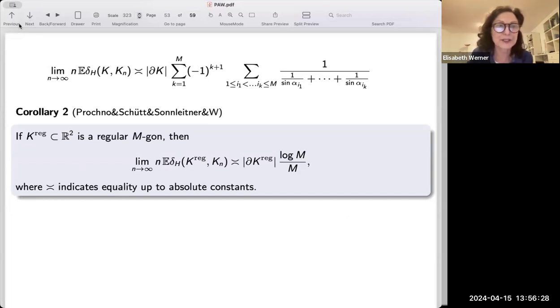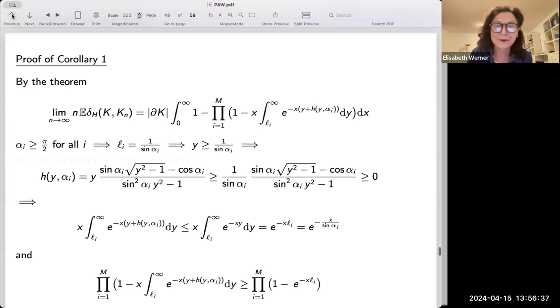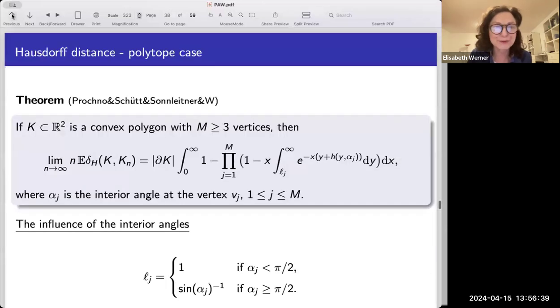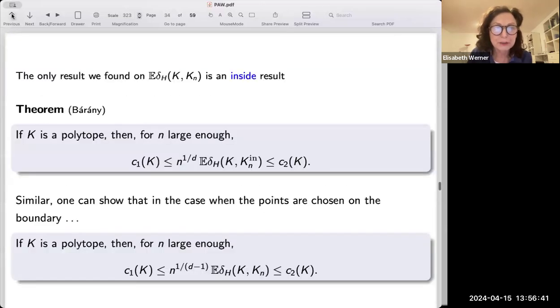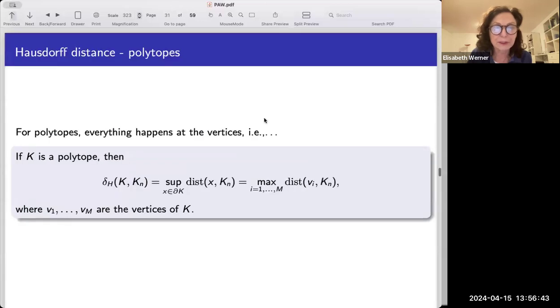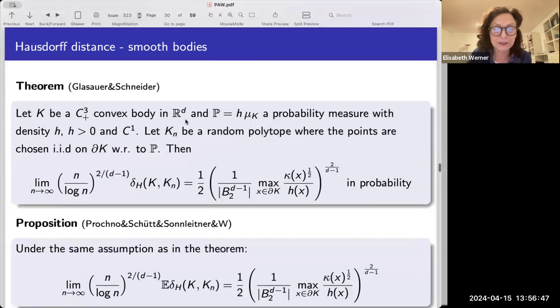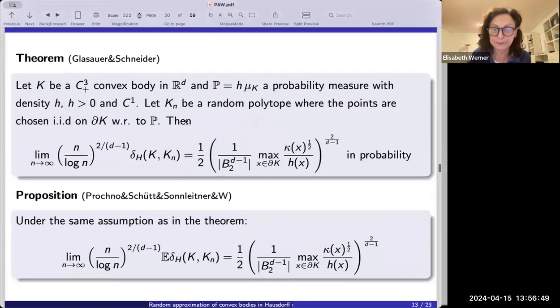So in the smooth case, we actually do have the higher dimension result. Oops, now I can't go back, but now I can go back. So in the smooth case, we actually do have a higher dimensional result. So it's this one, right?